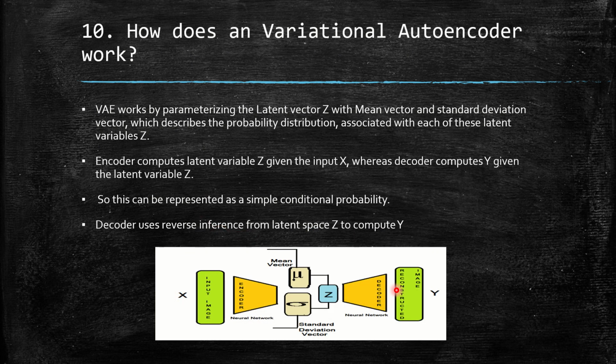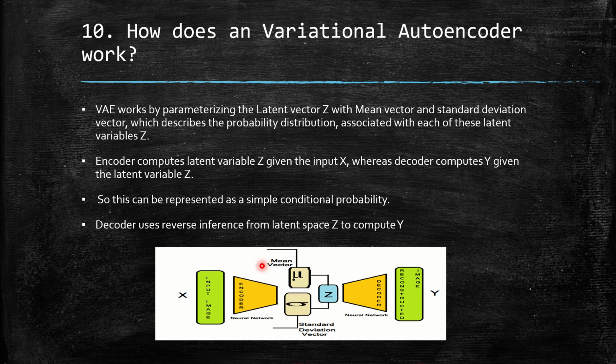Now finally, how does a variational autoencoder work? A variational autoencoder works by parameterizing the latent vector z with a mean vector and a standard deviation vector. Remember, this is something we need to be very careful about, and when you explain these terms, make sure that you understand things so that you can explain it nicely.